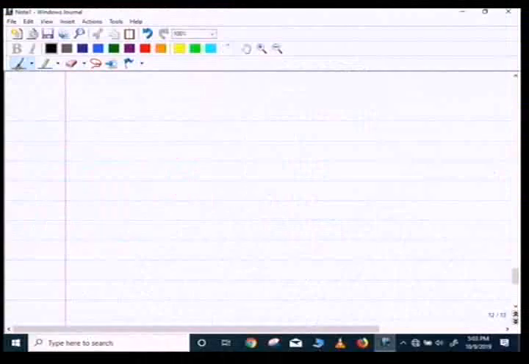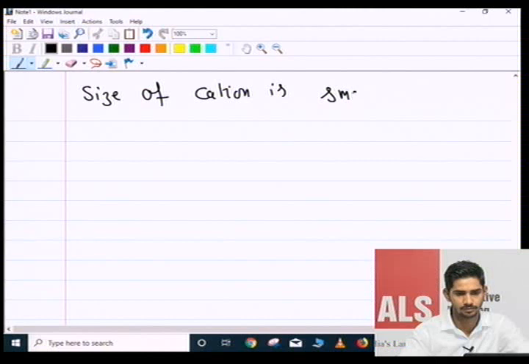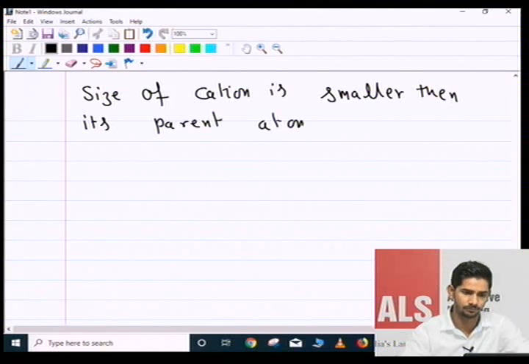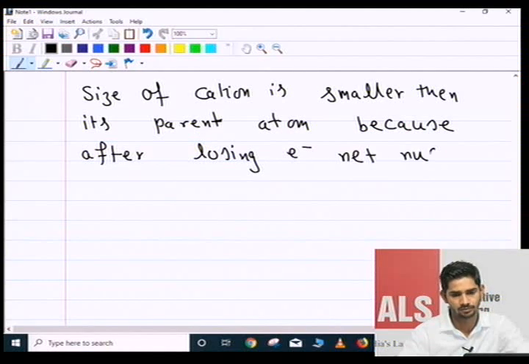What I was writing: size of cation is smaller than its parent atom because after losing electron, net nuclear force increases.